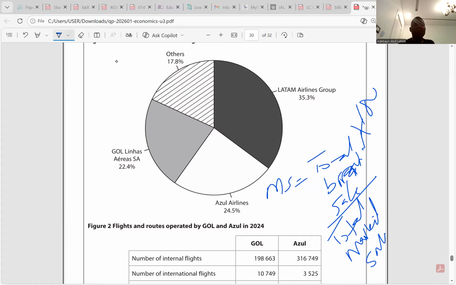So that's market share. But here we already have the market share for Azul, Latam, Gol, and others.